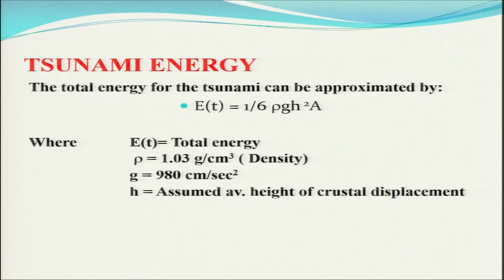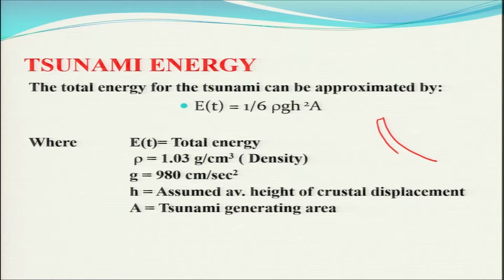And then H is either the actual height of the crest or the crustal displacement. So you can assume the average height of the crustal displacement, and A is the tsunami generating area. So you need to know how much is the area which was ruptured. Now all these parameters will be taken into consideration when we are talking about the modeling part, and that will be taken at the end.